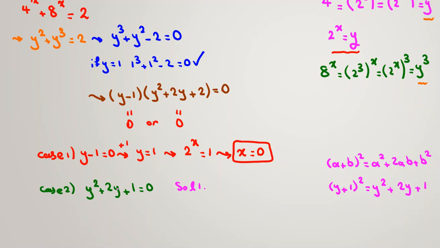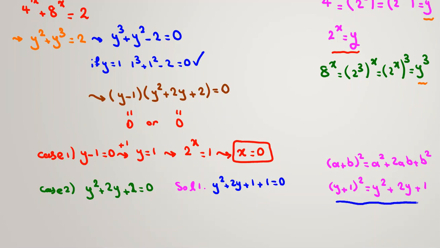Oh, sorry. This part, let me correct. This part is y squared plus 2y plus 2. I should place 2 here. Now I say, okay, we can say y squared plus 2y plus 1 plus 1, I split 2 into two ones, equals 0.